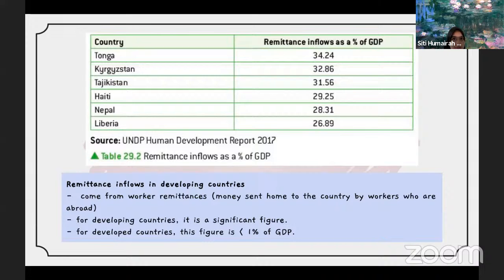So I think the most relatable example here in Malaysia is people from foreign countries come to our country and they can send money to their home country from their earnings here. So usually for developing countries, it is a significant figure because usually people from developing countries go to developed countries untuk work there. But for developed countries, remittance inflow is very low, just less than 1%. They make up less than 1% of GDP.